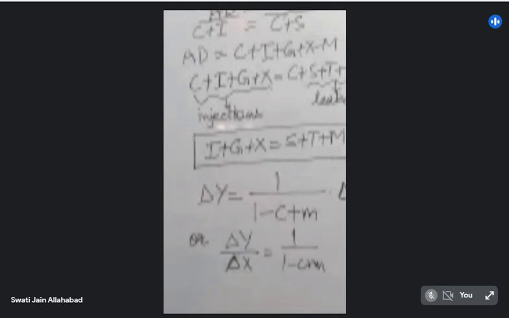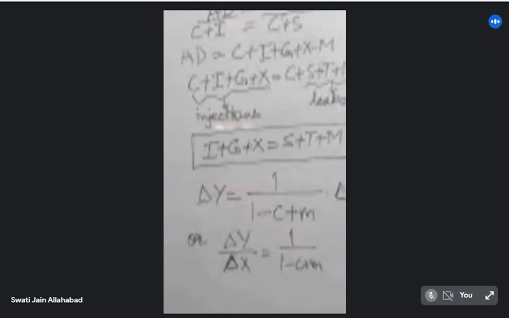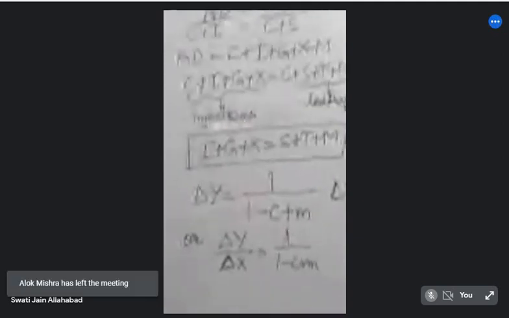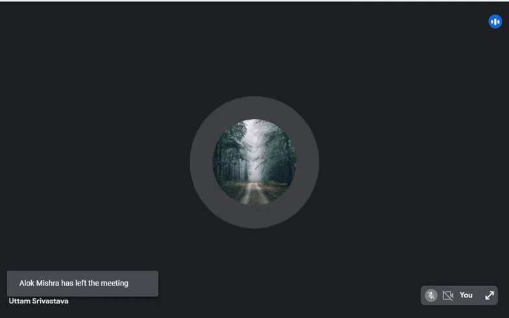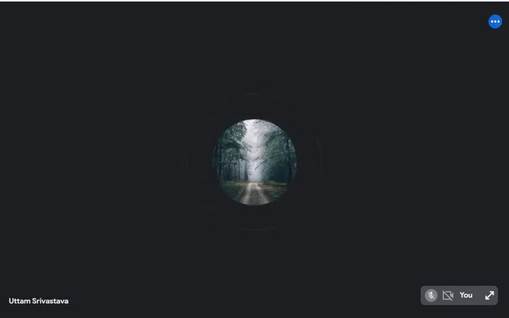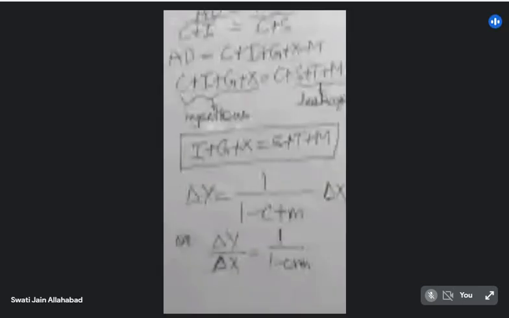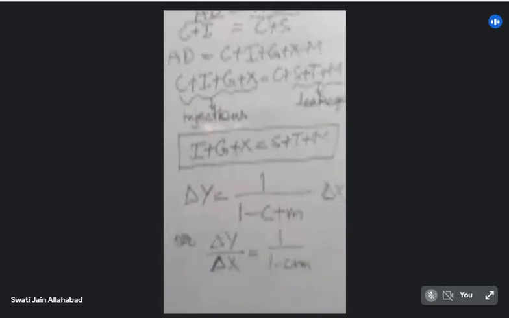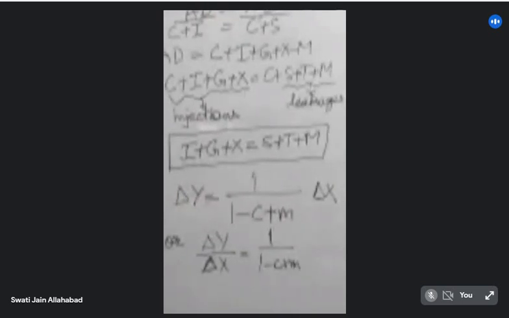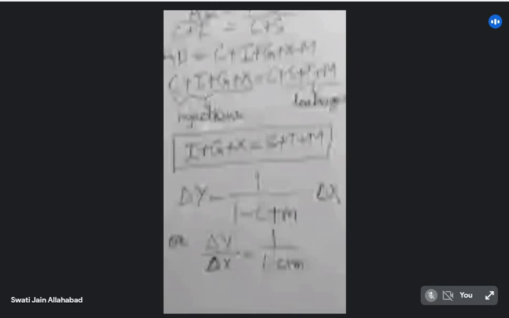Tell me if you have more questions related to the multiplier or anything we are discussing so far. Ma'am, why are exports not directly related to income? Okay, in theory, different economists have different views about exports. In the traditional or classical theory, generally we assume that exports will depend on the level of income in the foreign country.